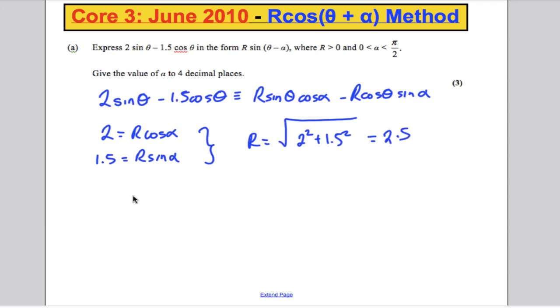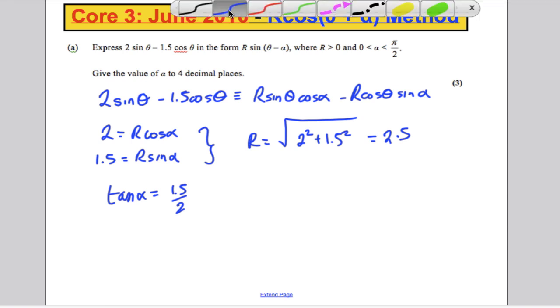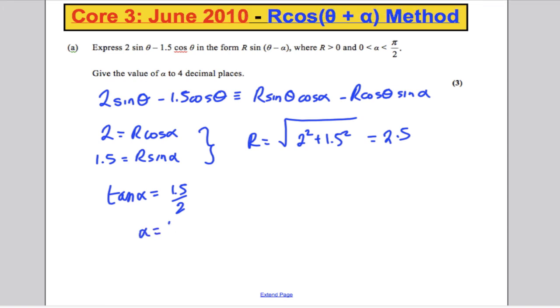And then we know from this also that tan alpha must be 1.5 over 2. We would therefore say that alpha is the inverse tan of 1.5 over 2, making sure your calculator is in radians mode.